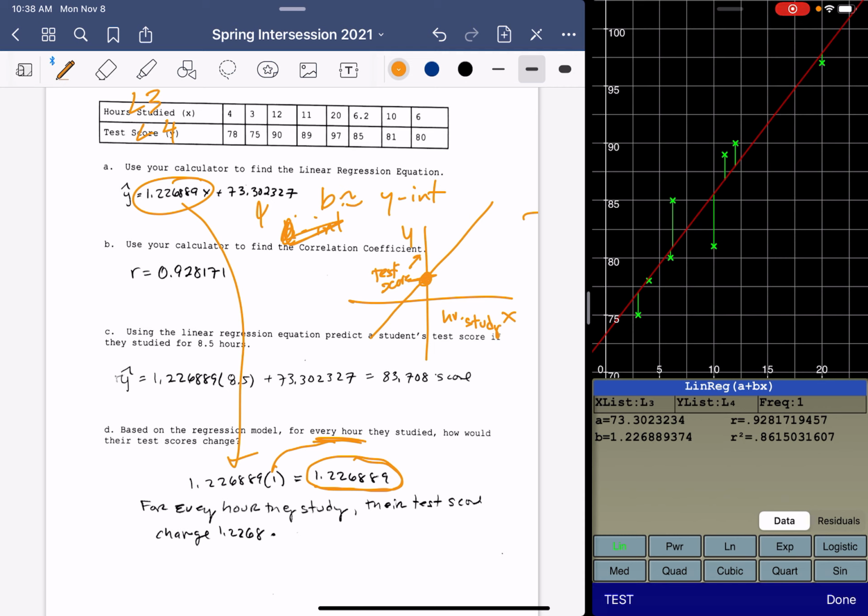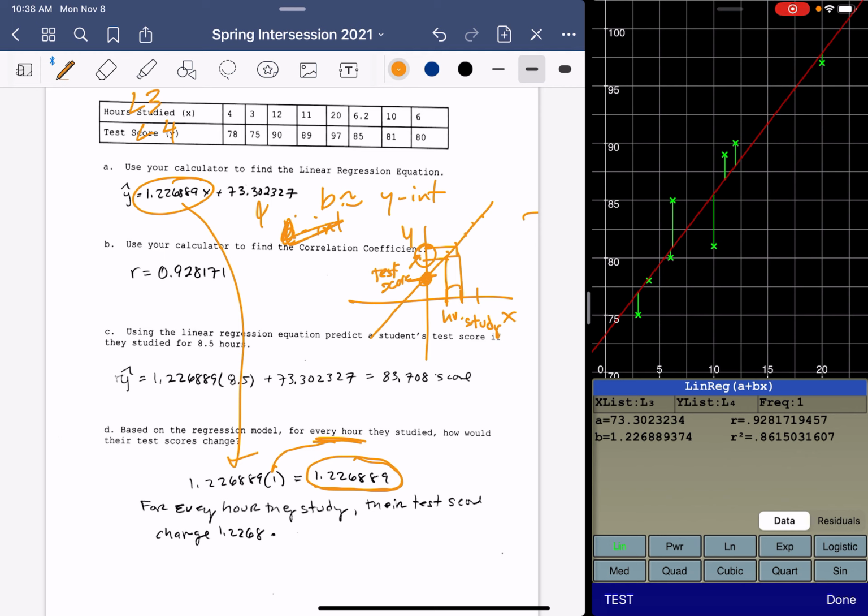So what happens is they want to know this slope piece: if I study 1 hour more, what would happen to my overall test scores? How would it increase in terms of my test scores?